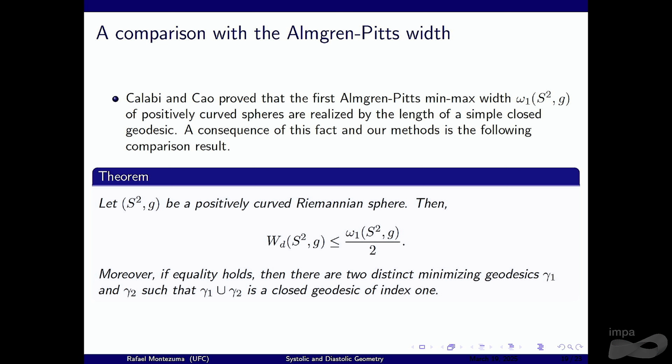It's always bounded by half of that. If it happens, the situation with 3 minimizing geodesics, then actually you have a strict inequality. If equality holds, then there must be 2 distinct minimizing geodesics such that the union is an index 1 closed geodesic.